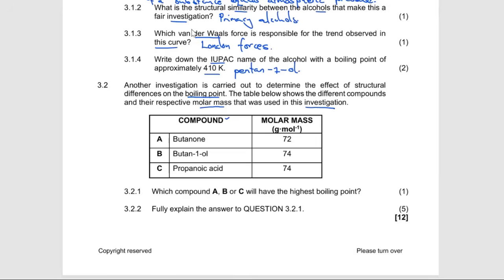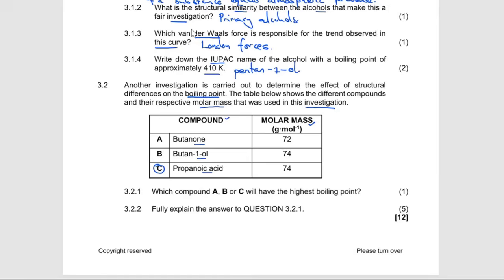So now we're having our compound there, then we're having the molar mass there, right? So in terms of this, we should look at the type of the intermolecular forces generally. So our answer there, I'm going to go for option C. Then for option C, we can see this is an acid, and then this one also is an alcohol, then this one is going to be what? A ketone, right?